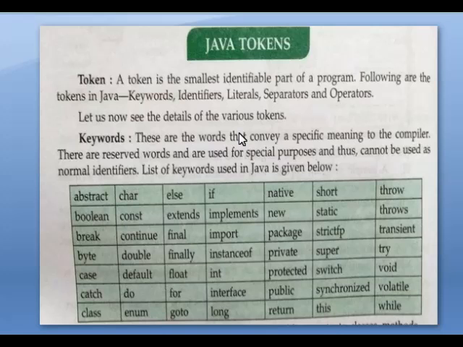These are reserved words used for special purposes, and thus cannot be used as normal identifiers. The list of keywords used in Java programming are abstract, boolean, break, byte, class, catch, case. So this table shows the keywords used in Java programming.